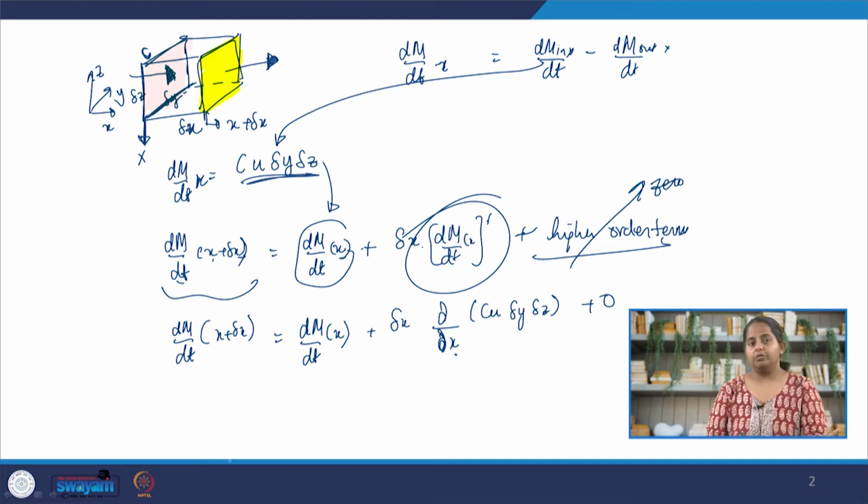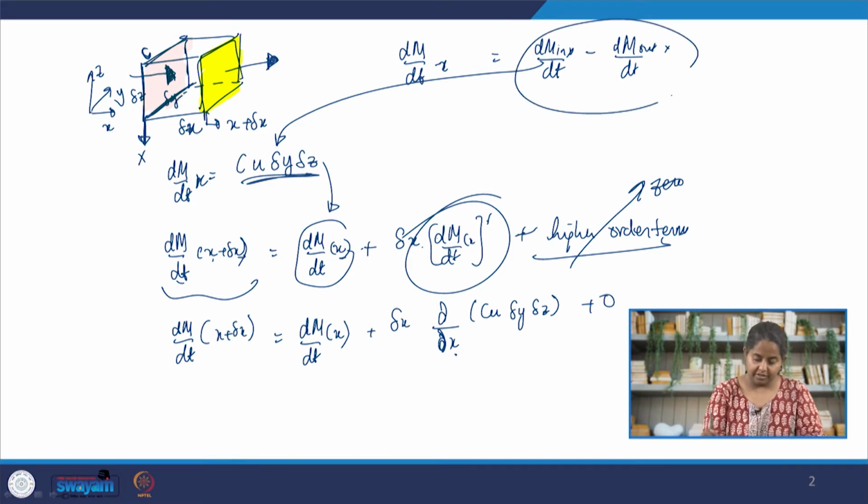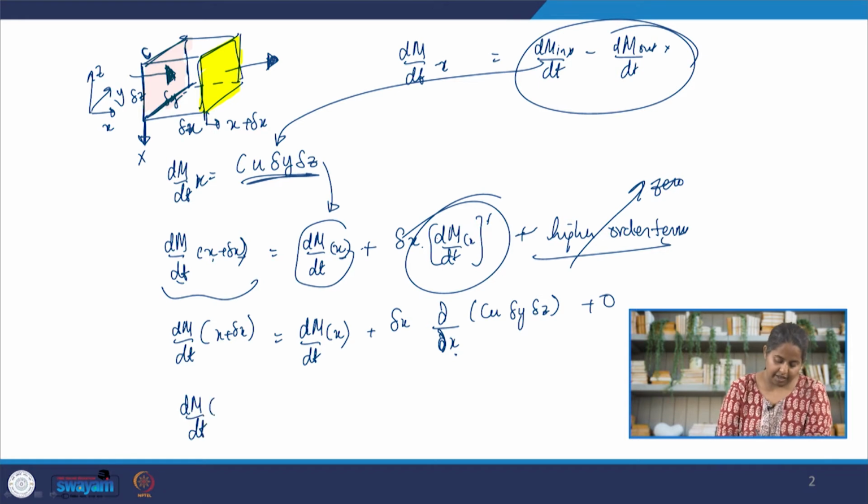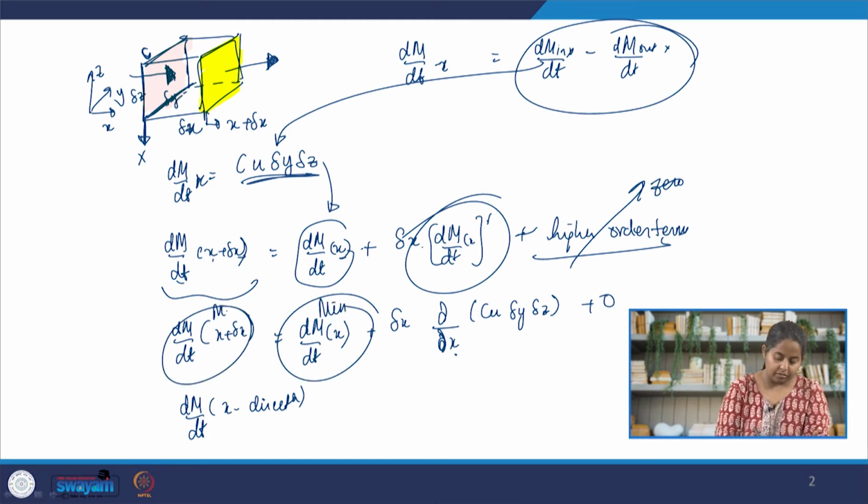So what we want to find out is net mass that stays. So what we want to do is mass in minus mass out, like we discussed here. So del m by del t in x direction will be mass in minus mass out.